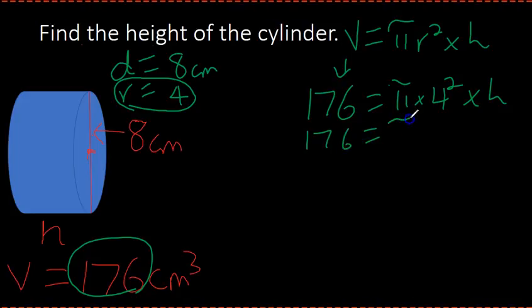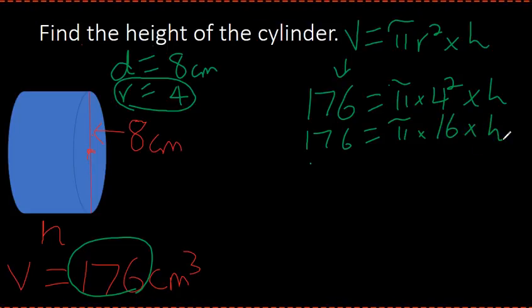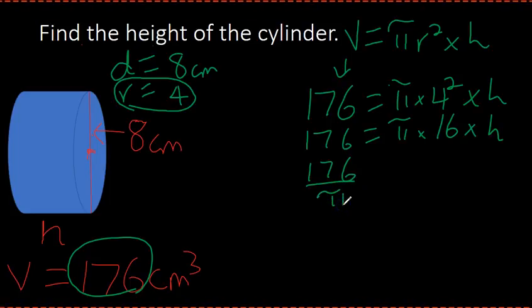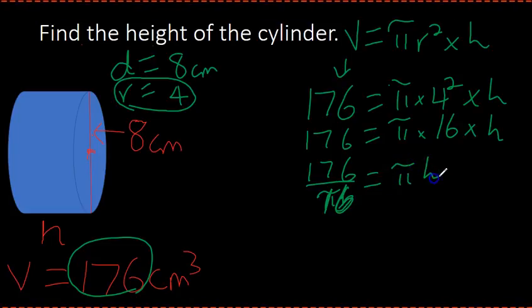Let's simplify a little bit. 4 times 4 is 16 times the height. Let's divide by 16 and leave the pi for now. This will give us pi times h.